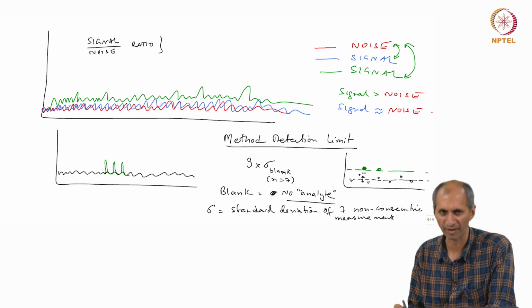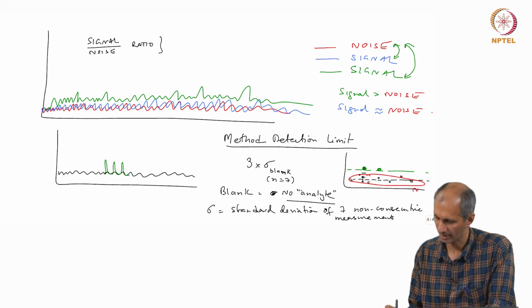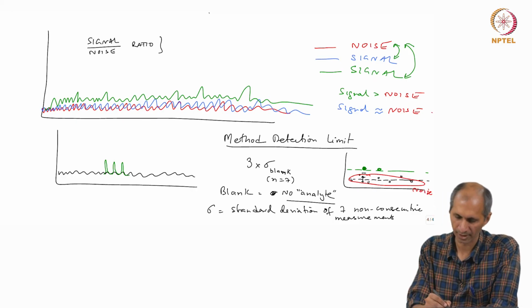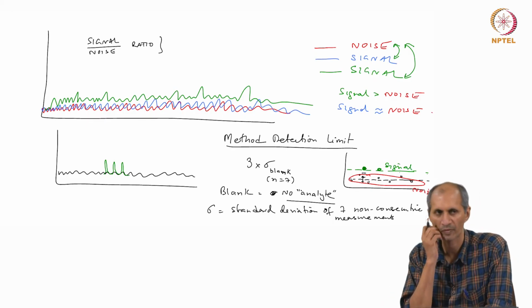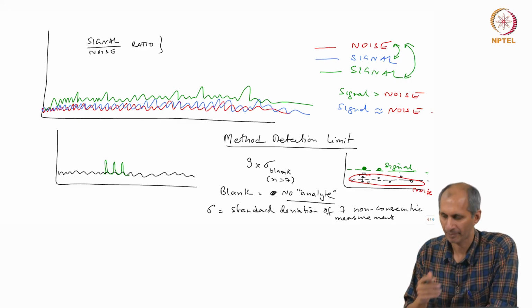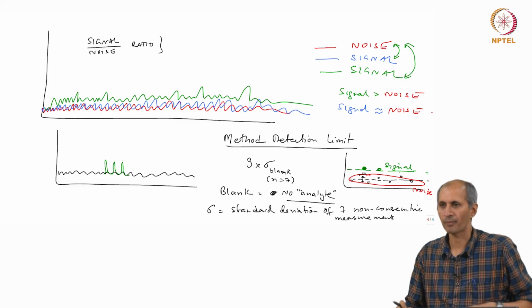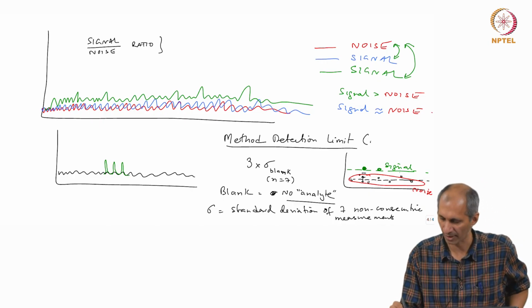This is significantly away from the noise. These measurements are all the noise, and this we consider as the signal. Okay, clear? So, you have to measure the method detection limit for every instrument and every analyte.